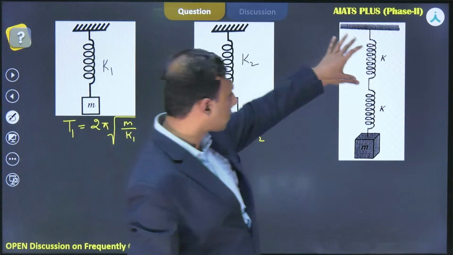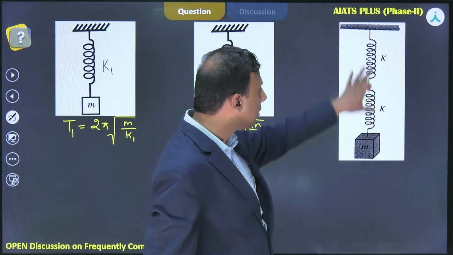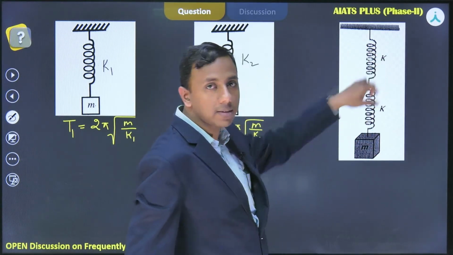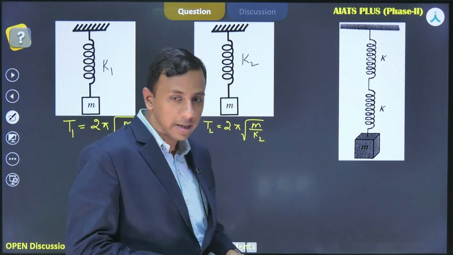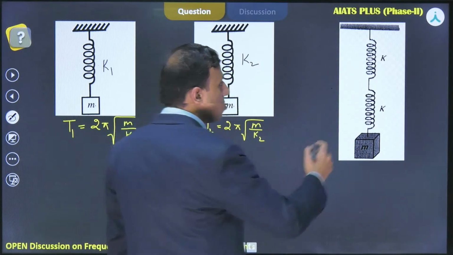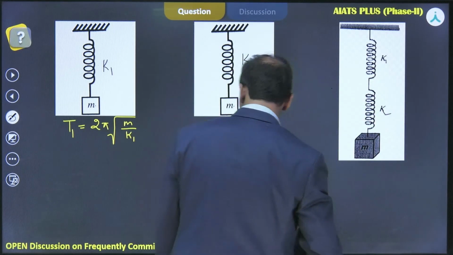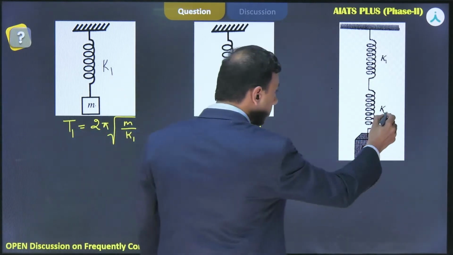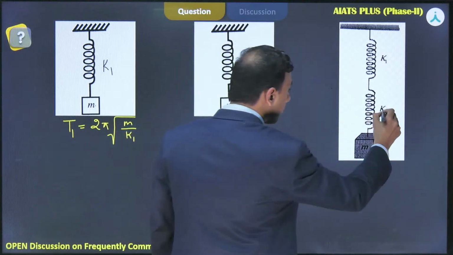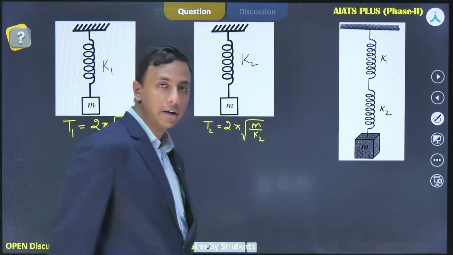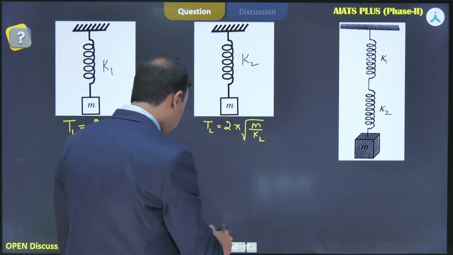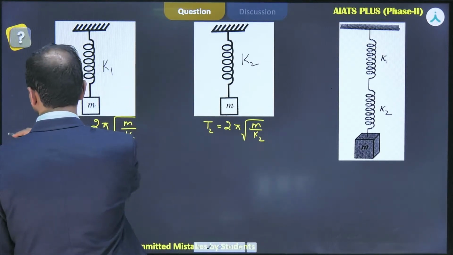So arranged in series like this, right? So here obviously I have shown the spring constants as k and k. Why I have drawn like that, I will ask you at the very end. But for now, let's say it is k1 and k2, okay? K1 and k2, and here they are asking us the spring constant.